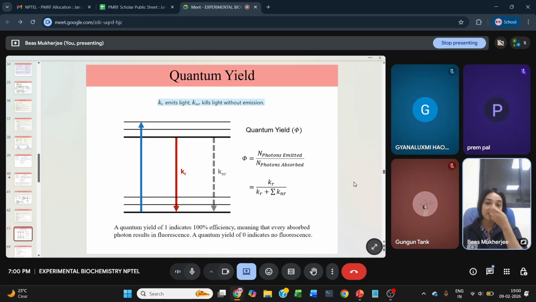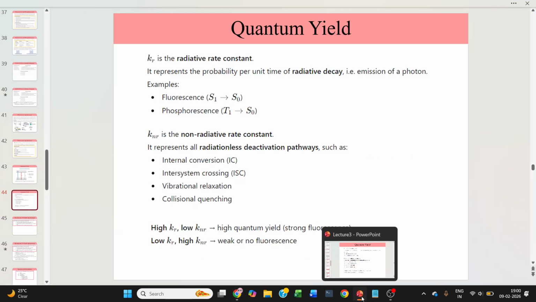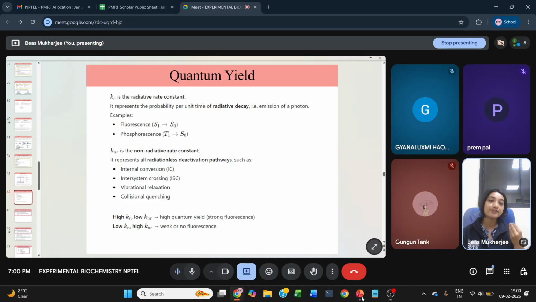Okay, and there is something called Kr and there is something called KNR. So Kr emits light and KNR kills light without emission. So we'll see what this Kr and KNR are. These are actually probability terms. Kr is the radiative rate constant, and this represents the probability per unit time of radiative decay, that is emission of a photon. And KNR is the non-radiative rate constant.